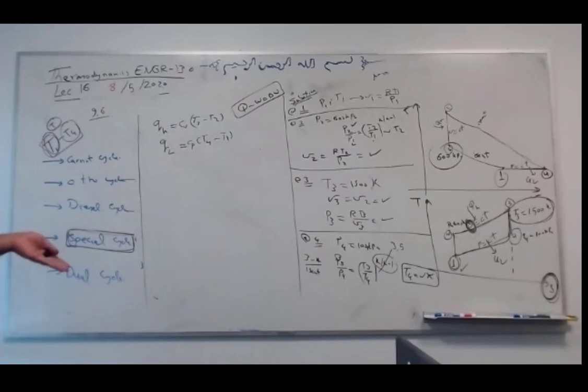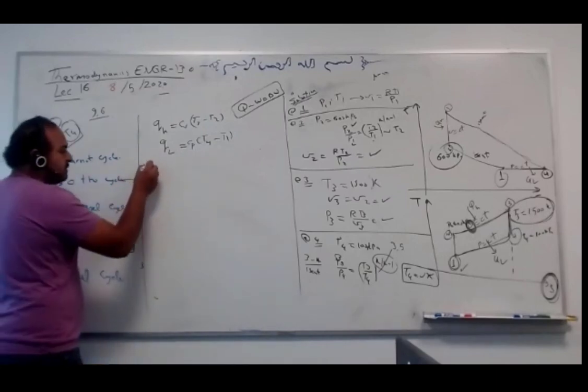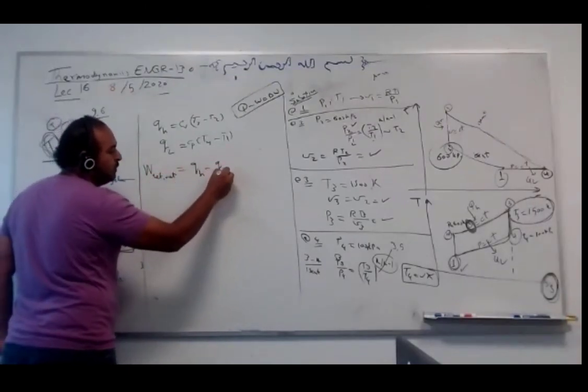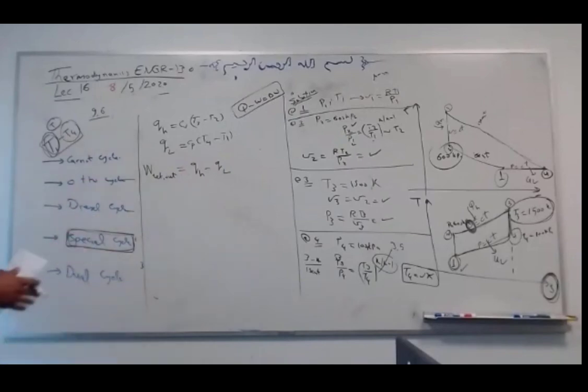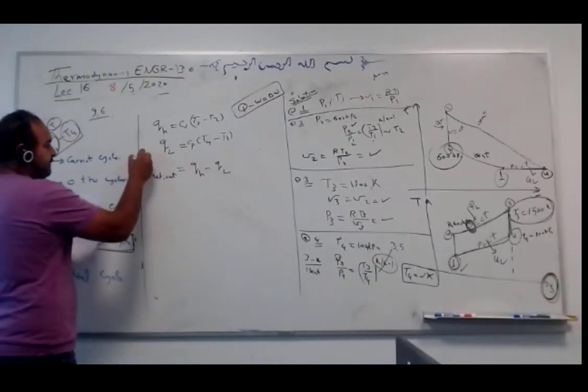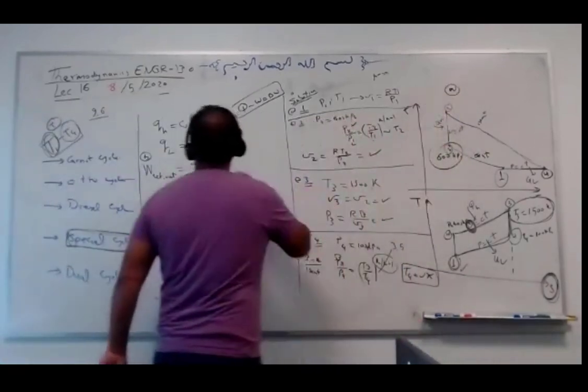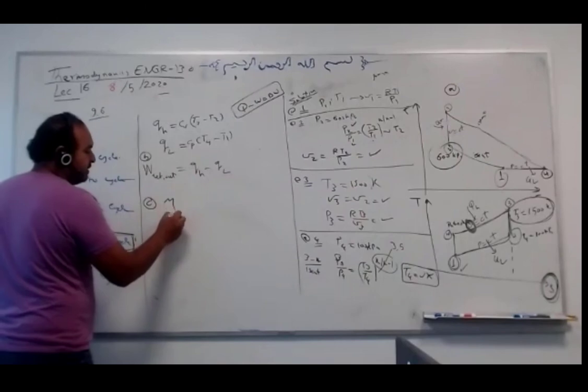We knew Q high is positive, but Q low is negative with respect to the system. But now we care about absolute Q input and output. So W net out is just Q high minus Q low. If you want thermal efficiency, 1 minus Q low over Q high. So this is required B. A was the plot, these sketches. B was this. C, eta thermal.